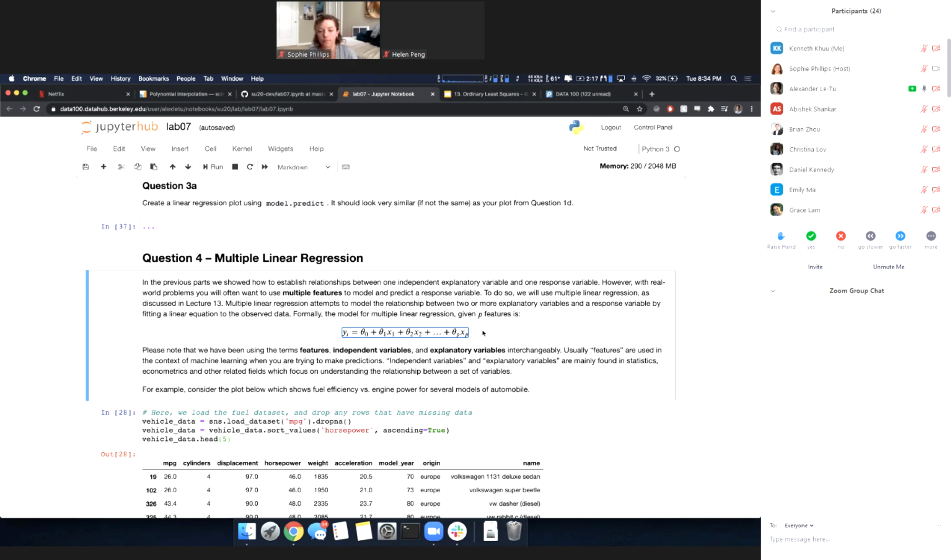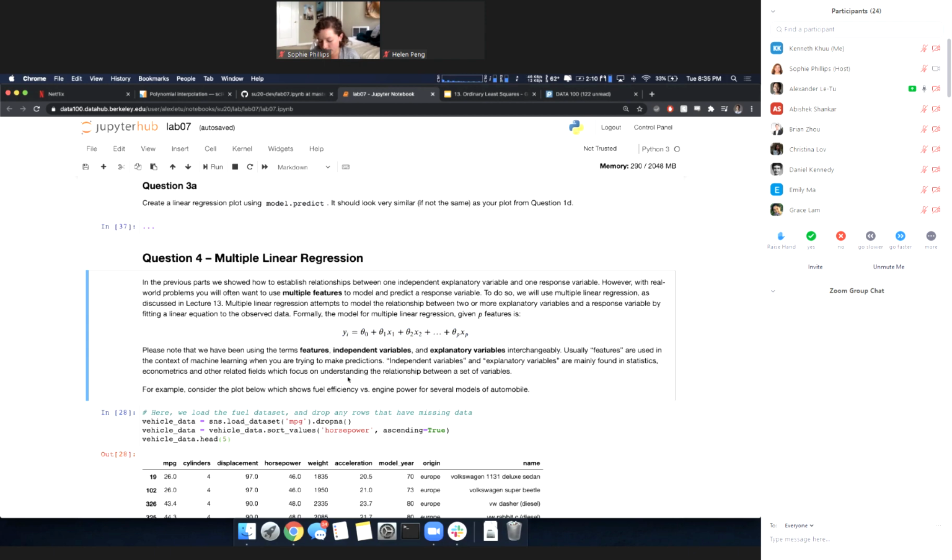In this example, there are p of them, so we have x1, x2, all the way through xp. And as usual, we still have our intercept term, which is theta naught. So we're given some data, the x values themselves, and we want to find the theta values that help us accurately predict what y is going to be.